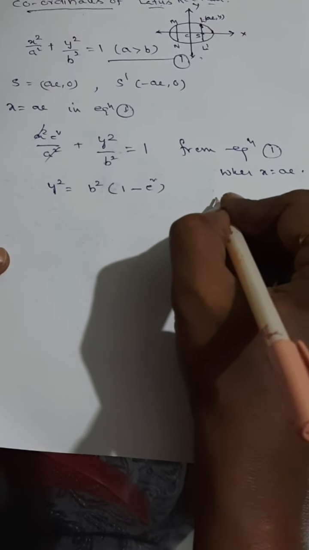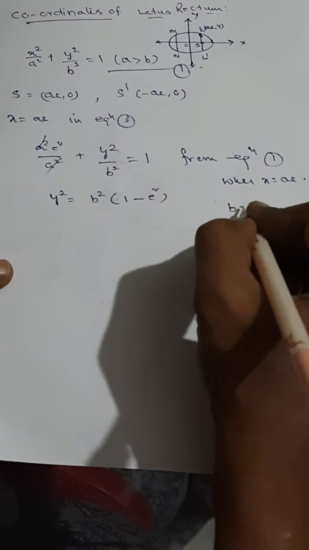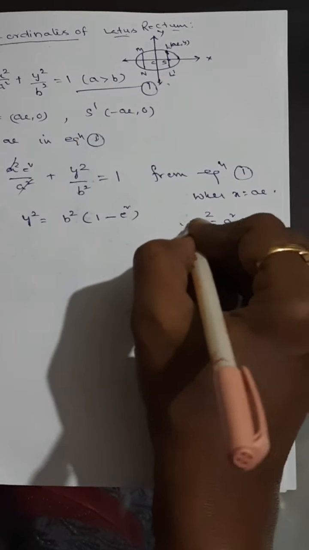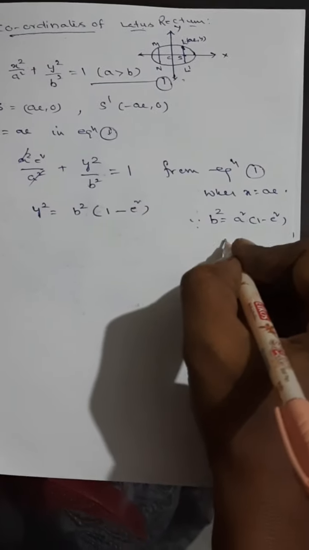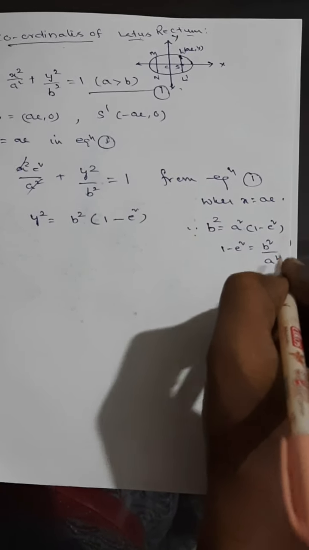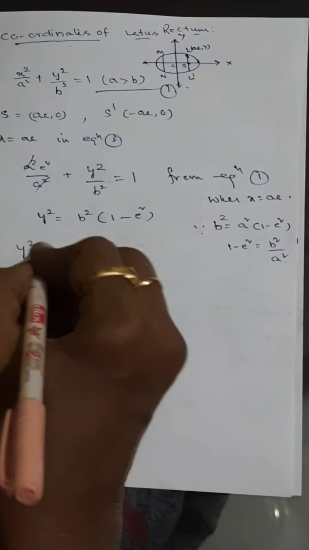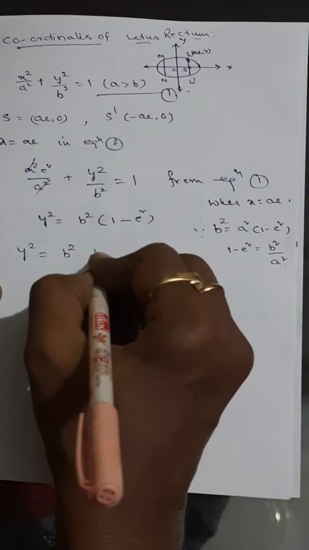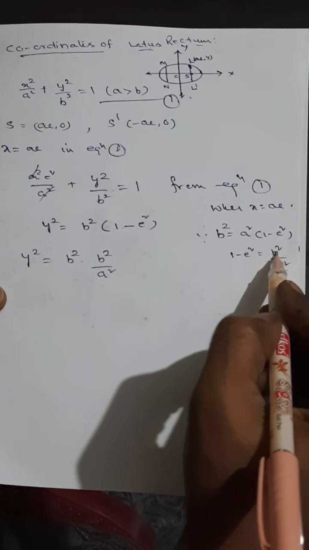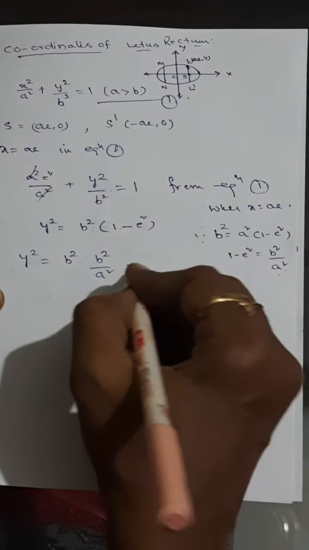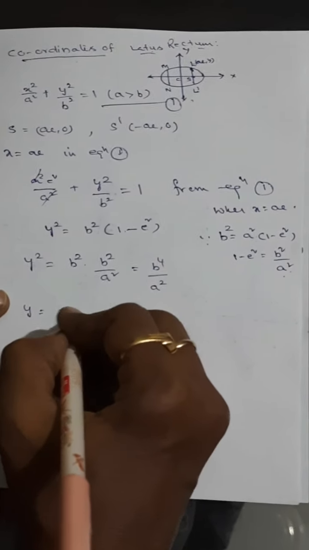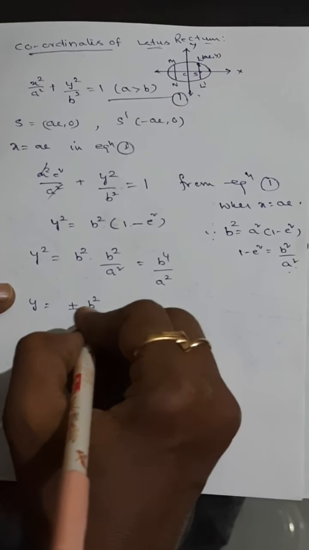But we know that b square is equal to a square into 1 minus e square, so 1 minus e square can be written as b square by a square. Put this value in this. So y square is equal to b square into b square by a square, which is b power 4 by a square. So y is equal to plus or minus b square by a.